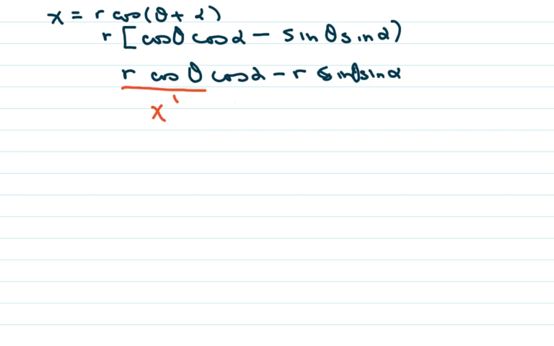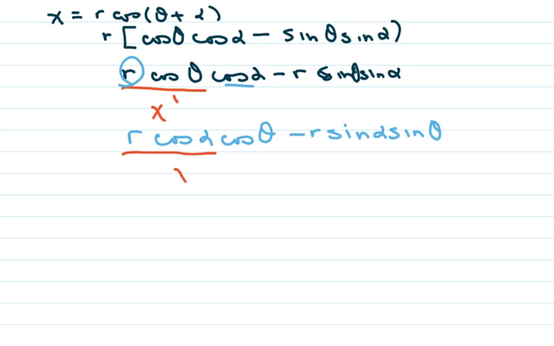So I'm multiplying R times cosine of alpha, and I'll rewrite this as cosine of alpha cosine of theta minus R sine of alpha sine of theta. We already know that this equals x prime cosine of theta, and this part equals y prime, so that equals your x. These are just rotation formulas we're coming up with.